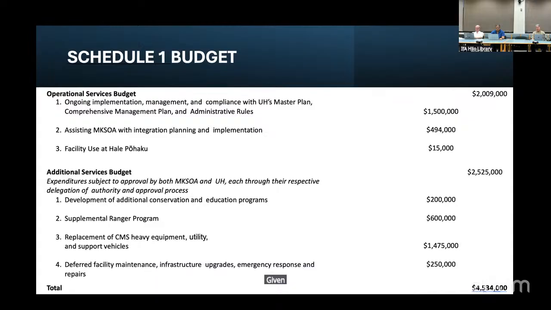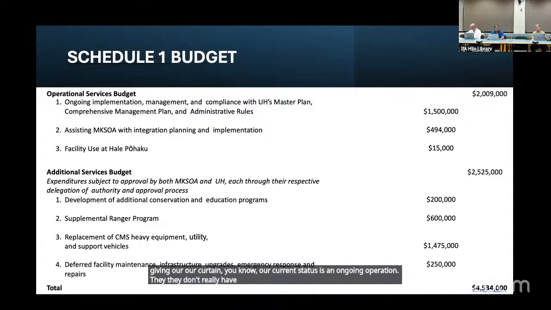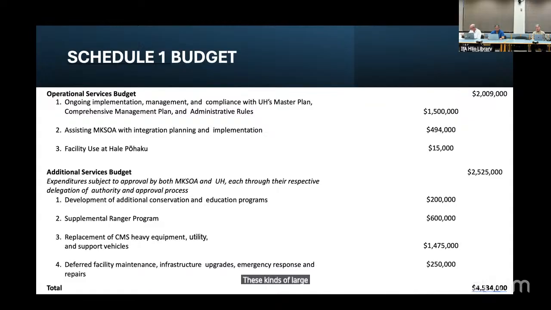Given they have the funds, our fleet is aging pretty rapidly, and we are set up to be able to procure those vehicles for them, given our current status as an ongoing operation. They don't really have their procurement and accounting systems set up to handle these kinds of large ongoing purchases right now.